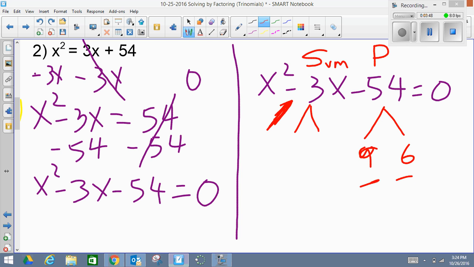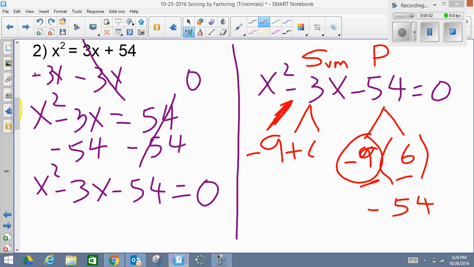And the sum is a negative number, that means your bigger number has to be negative, and the other one has to be positive. Let's double check. Negative 9 times 6 is negative 54. Let's write out the numbers in the sum. Negative 9 plus 6 is negative 3. That means my numbers are negative 9 and 6, and we're good.